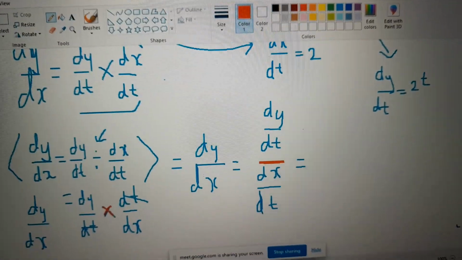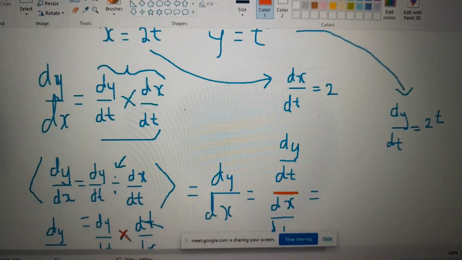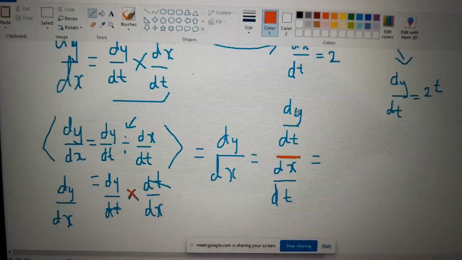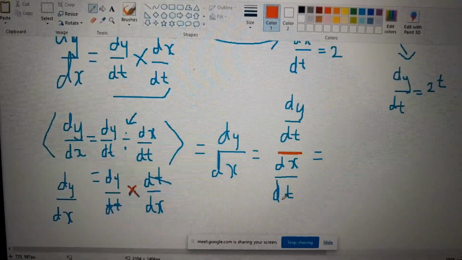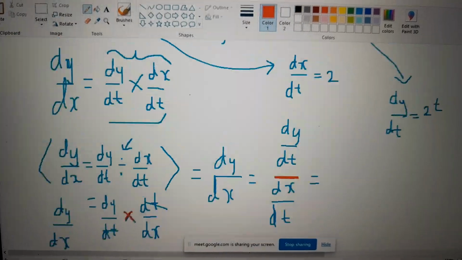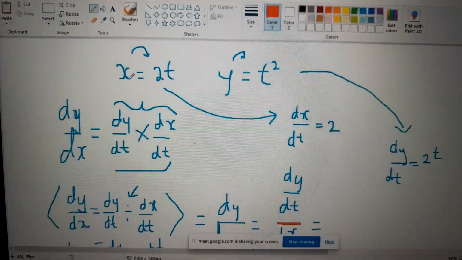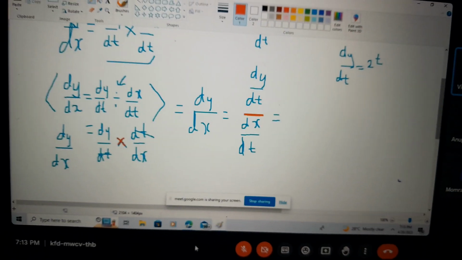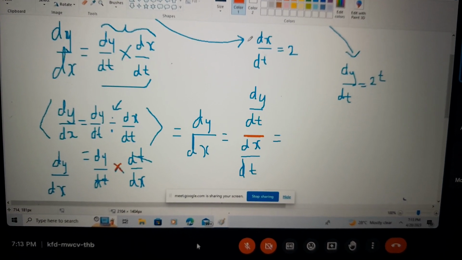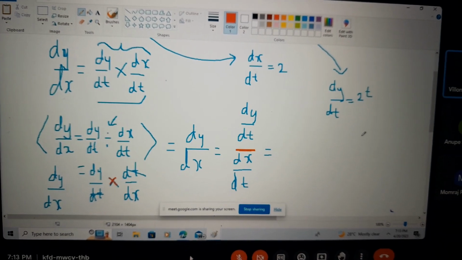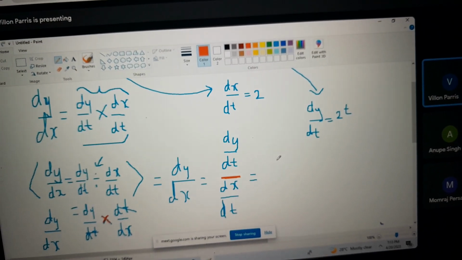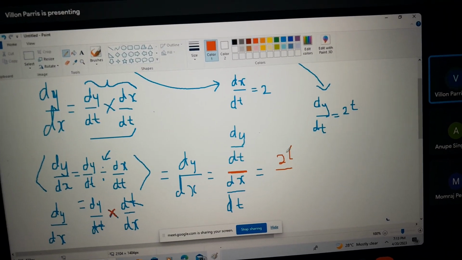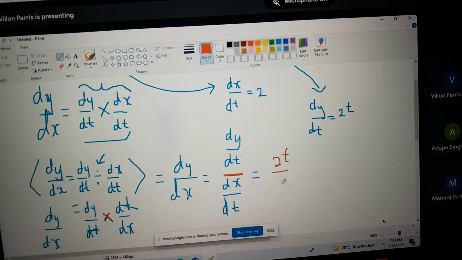Okay, thanks, sir. So this is the formula actually. dy/dx is equal to dy/dt over dx/dt. Now, for the original problem that we have here, all I need to do is substitute my dy/dt. What's our dy/dt here? 2t. And what's our dx/dt? 2.